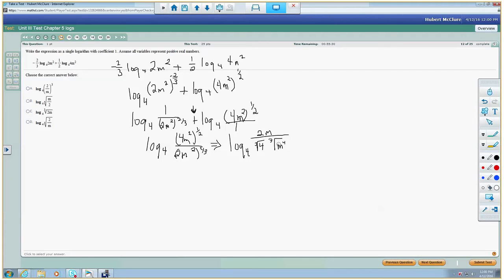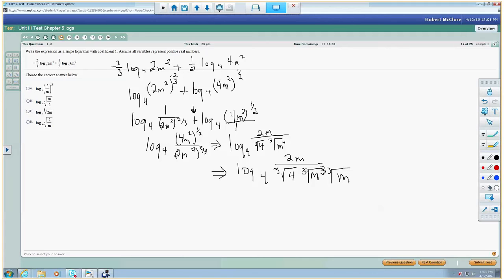All right, so this right here, it can be log base 4 of 2m over cube root of 4, which is still cube root of m to the 3rd, and times the cube root of m.